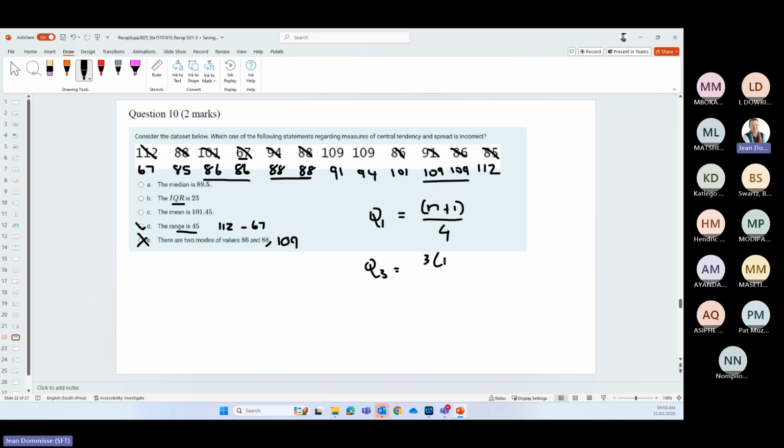So we are going to work that out. Let's count: I think there was 12, so 1, 2, 3, up to 12. Okay, there's 12. So 12 plus 1 is 13, divided by 4.